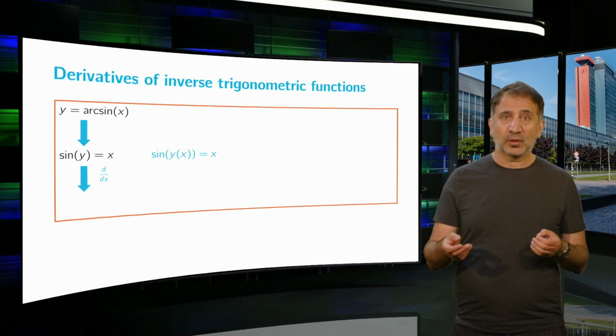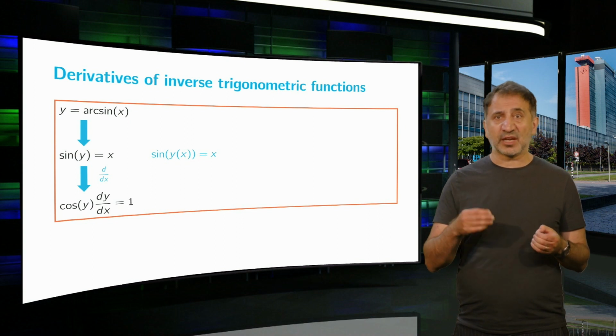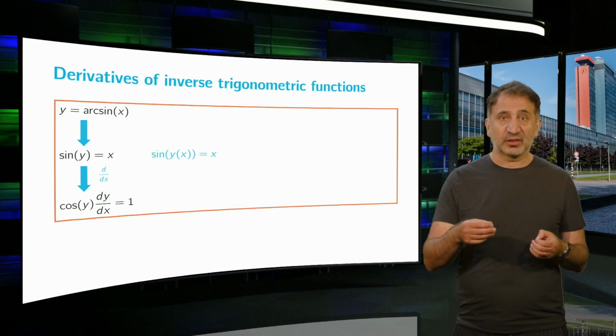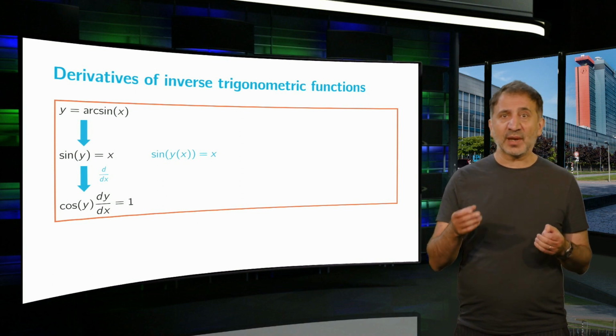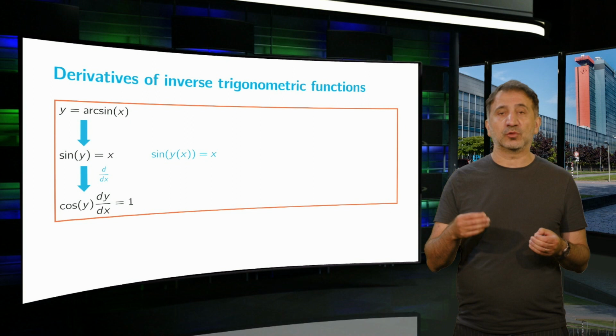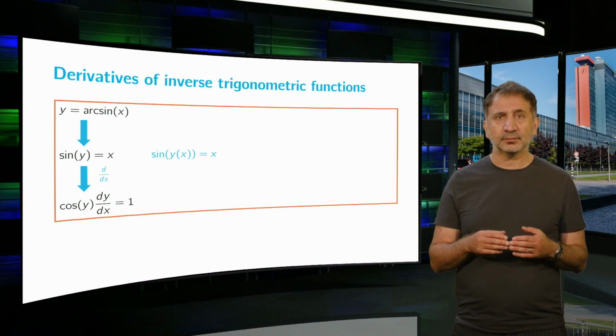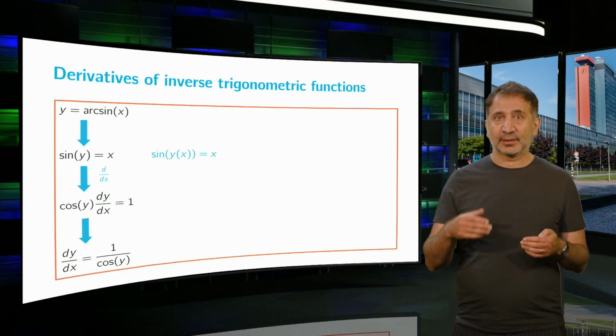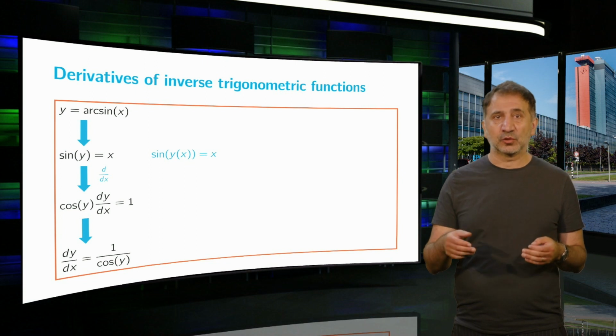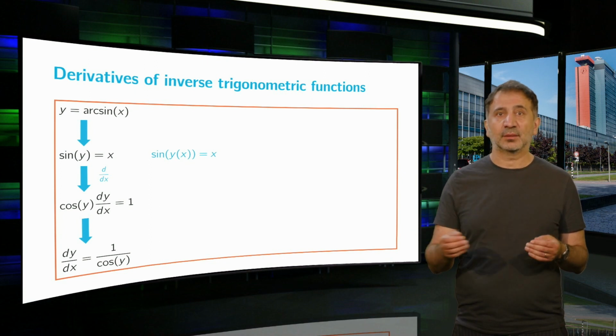If we do this, we get for the left hand side cosine of y times the derivative of y. The derivative of the function x on the right hand side is of course equal to 1. So we obtain that dy/dx is equal to 1 over the cosine of y.